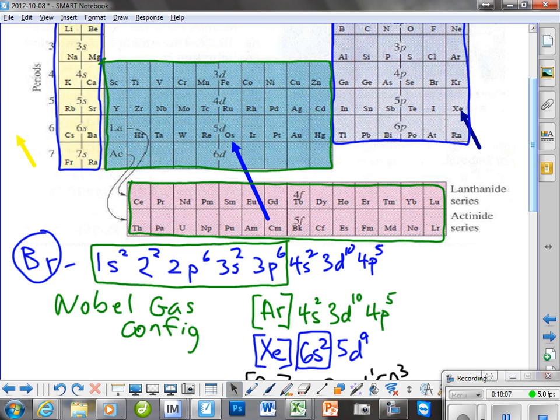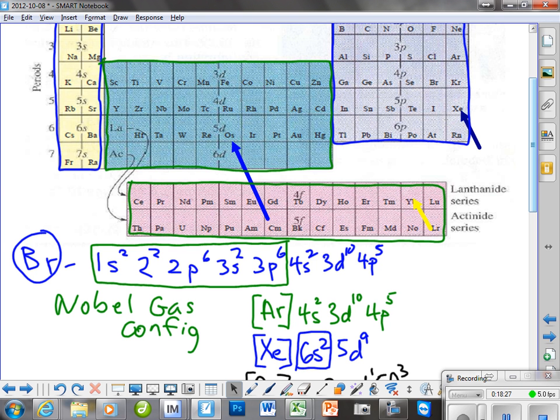Now, because we're going to go all the way across on the F's, after we leave lanthanum we have to come down here. So we're going to go all the way across, and I'm going to put that part in next, because it's mostly in that order.